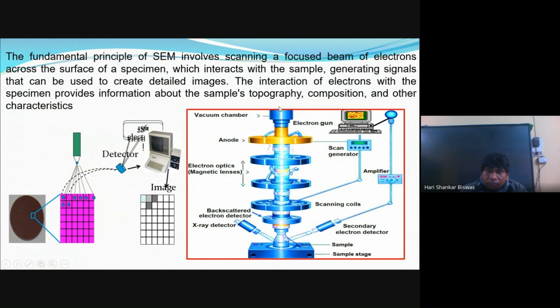In the instrument, this type of working is happening, and there are so many segments of the instrument: vacuum chamber, electron gun, an anode, electron optics, magnetic lenses, a backscattering electron detector, and then the secondary electron detector. And from here, there is an amplifier, and we can get the image in the computer.